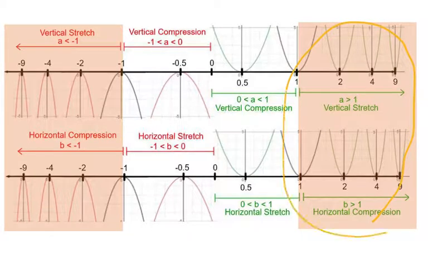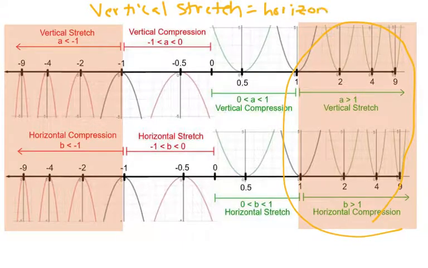So the idea is that when you say there's a vertical stretch, that's actually the same as saying that there's a horizontal compression. If you do the opposite of vertical, which is horizontal, and the opposite of stretch, which is compress, you end up with the same statement.